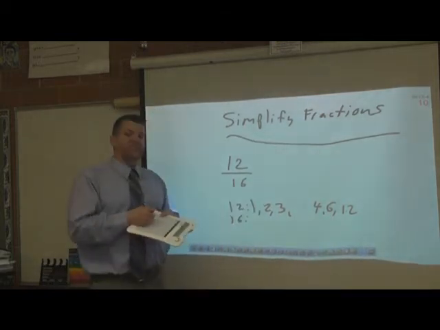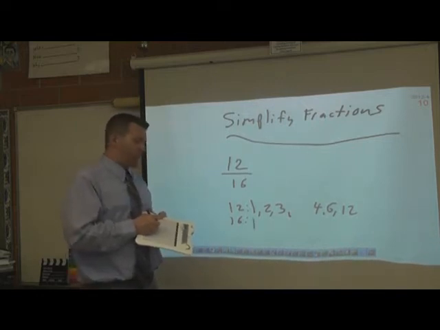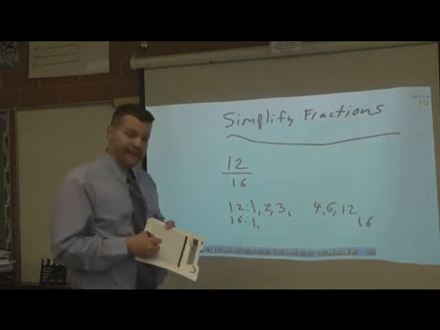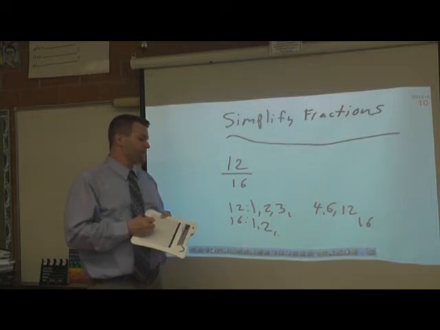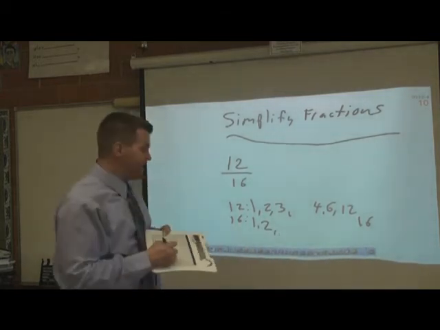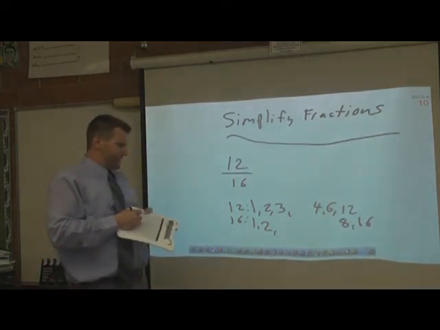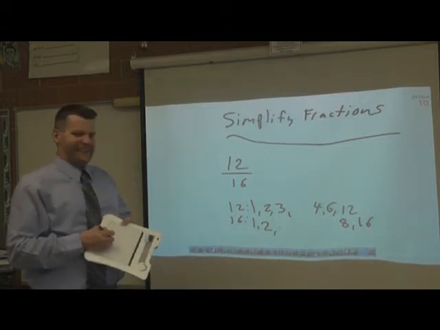Now, the factors of 16 are, well, we've got to work them out here. We know that 1 goes into 16. 1 times 16 is equal to 16. Does 2 go into 16? 2 times 7 is 14. 2 times 8 is 16. So 2 times 8 is equal to 16. Now does 3 go into 16?